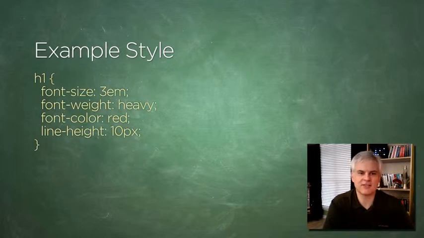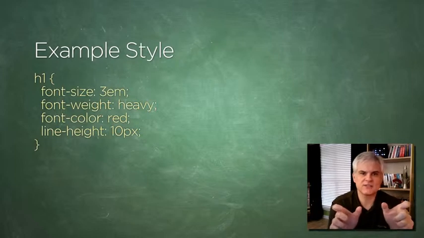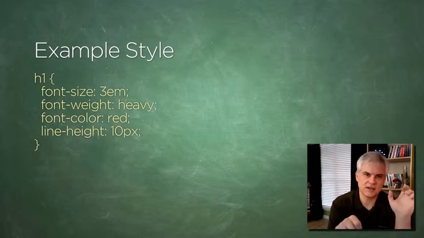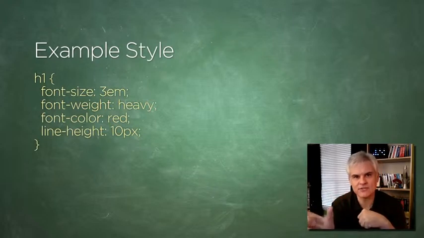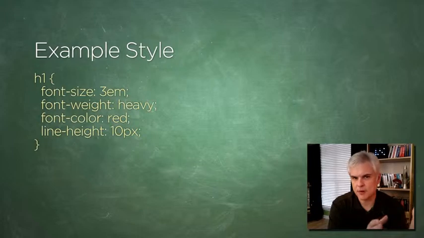And third, inside of the curly braces, there's a collection of name-value pairs that are separated by semicolons. And then finally, in the innermost parts on each line, you see a combination of the CSS property name, colon, and then the value you're setting it to. The colon is the separator between the property name and the value you're setting it to.